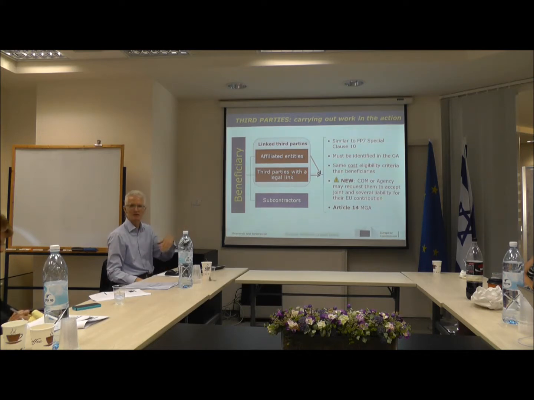In the proposal, you have to add up your own estimated costs together with the estimated costs of all your linked third parties and put this in one row. When it comes to the grant preparation, this has to be separated. There is one row for you as the beneficiary, and as many rows as necessary for all your linked third parties. And all the costs have to be specified in detail.